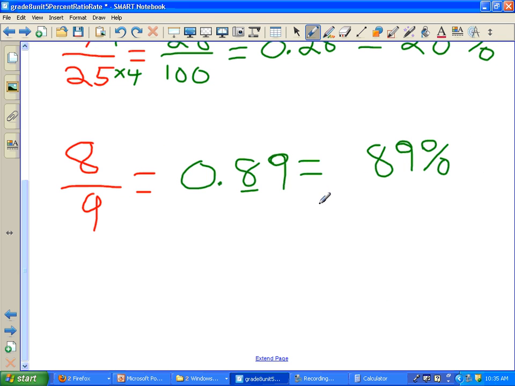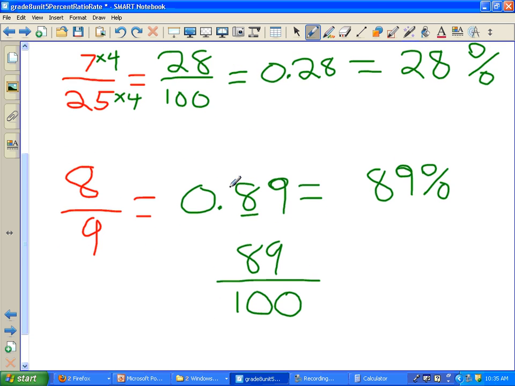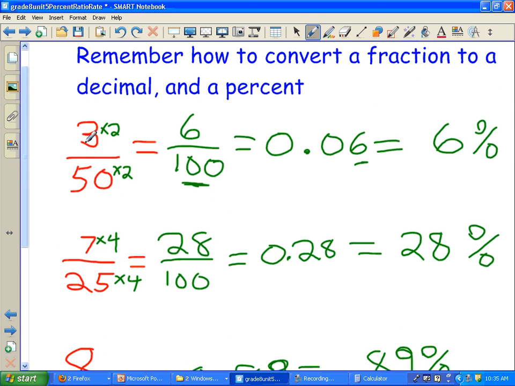How do I know that's 89%? Because this is 89 hundredths, or as a fraction, 89 out of 100. So you need to know how to change fairly common fractions into decimals, and then from the decimals you can change it into a percent fairly easily.